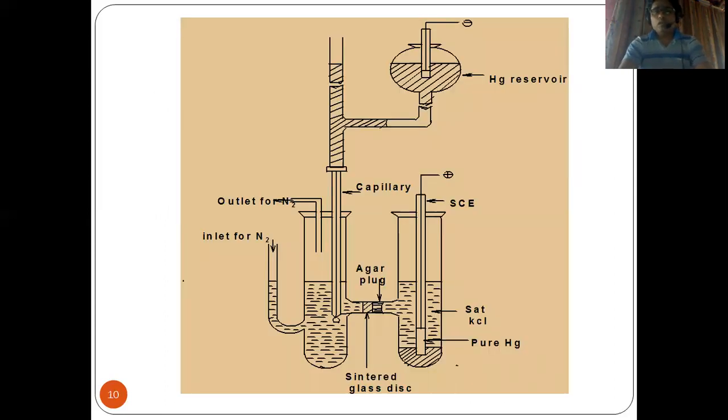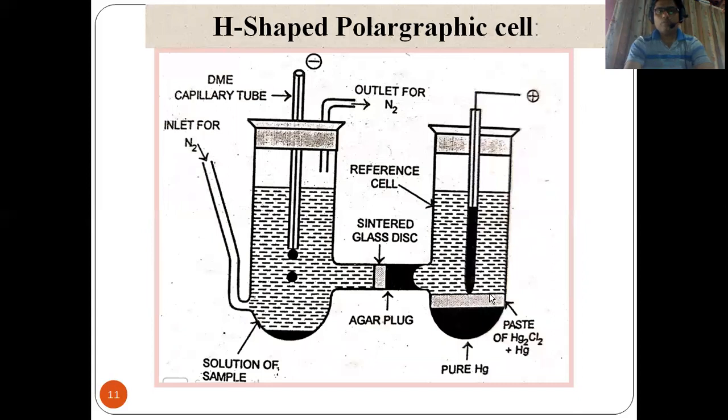This is a schematic diagram of polarography. This portion is the dropping mercury electrode, and this is an H-shaped type of cell. This part is the dropping mercury electrode, a capillary tube containing mercury, a very thin capillary, negatively charged, acting as the cathode. A saturated calomel electrode or pool of mercury acts as the anode with a positive charge.